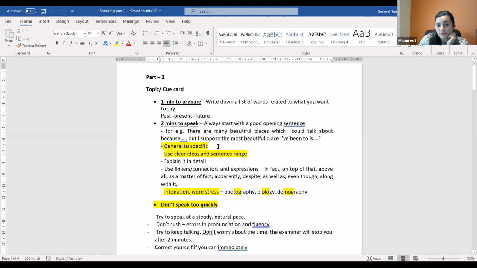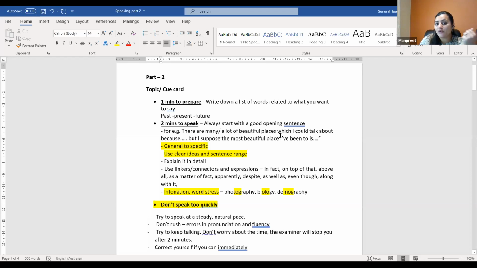So going from general to specific means this one. Give a general sentence before you actually move on to the specific topic. So if it's about a favorite restaurant, we can just say there are many restaurants which I could talk about because I like to eat, or I enjoy eating or trying different cuisines.